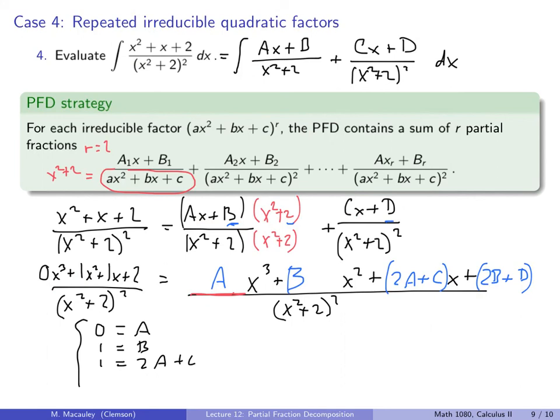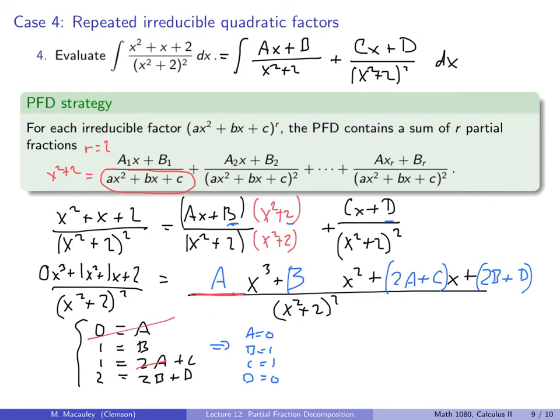And the last one is 2 equals 2b plus d. So a is 0, we can get rid of that. This tells us that a equals 0, b equals 1, c now equals 1, and d is 2 minus 2 times 1, which is 2 minus 2. Oh, d is equal to 0 as well.